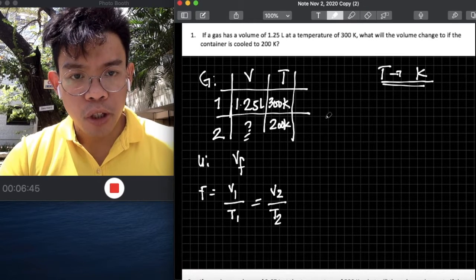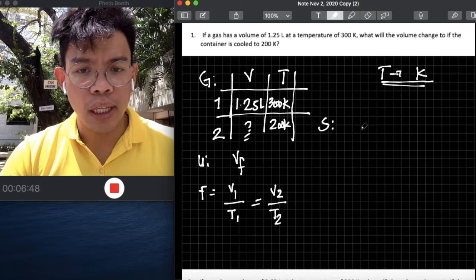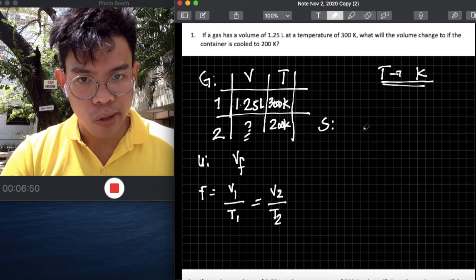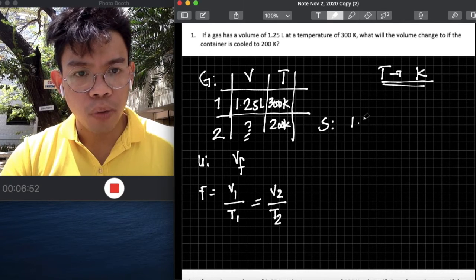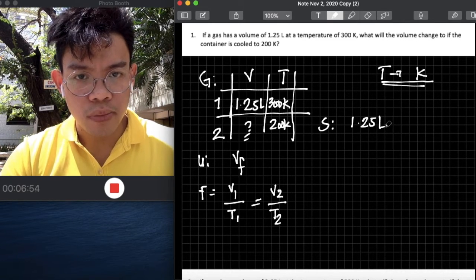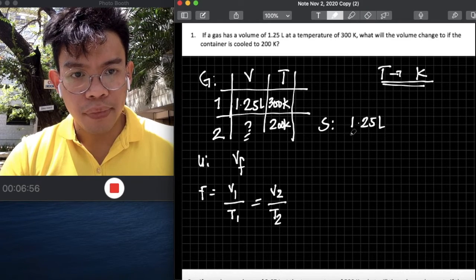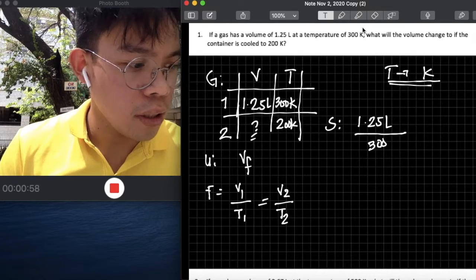In our solution, all we need is to plug in the given values. So for V1, we have 1.25 liters, and we have the temperature.